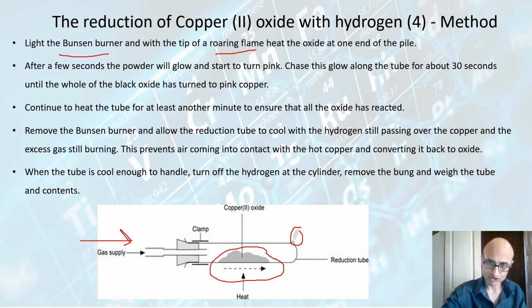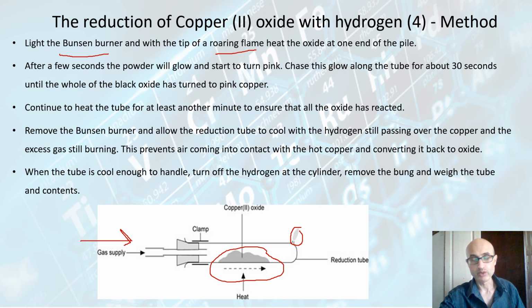At the high Bunsen temperature, the copper 2 oxide is reduced to copper metal, and you will see this. The demonstrator describes how within less than a minute, the copper 2 oxide will change from a black compound to a pink metal.